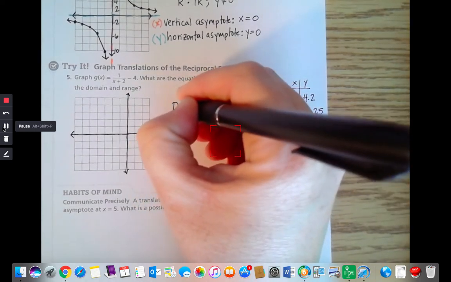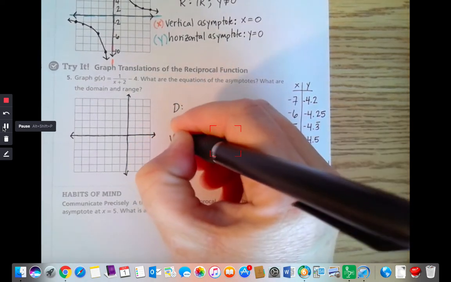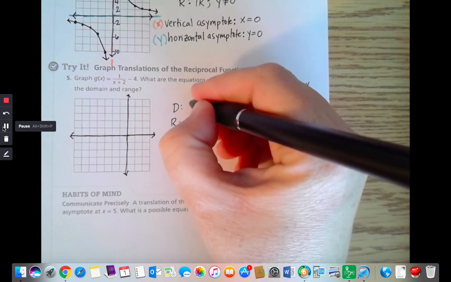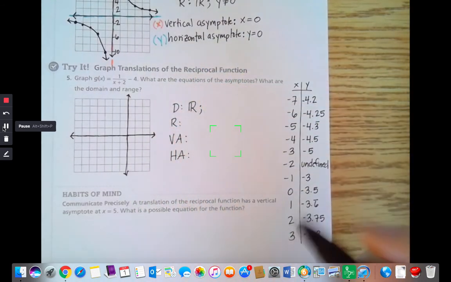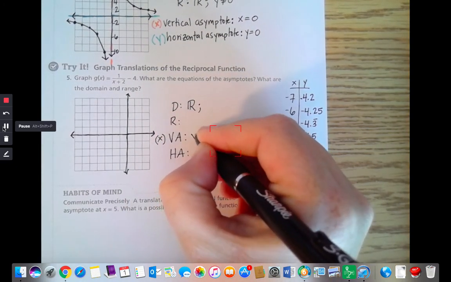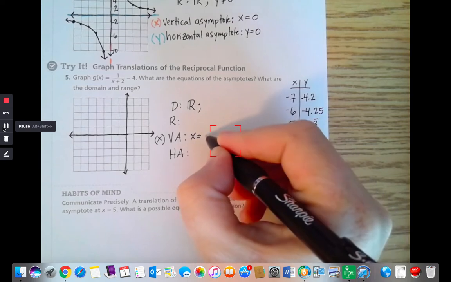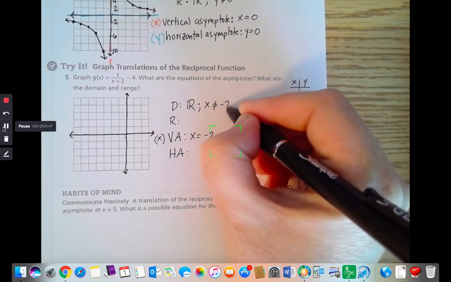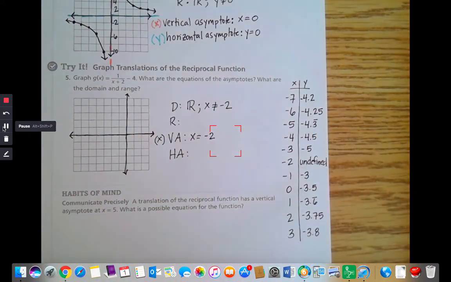So we got domain, range, vertical asymptote, and horizontal asymptote. Domain is all real numbers, and we know that our vertical asymptote is our x value, that is x equals -2. So our domain is all real numbers except x cannot equal -2.